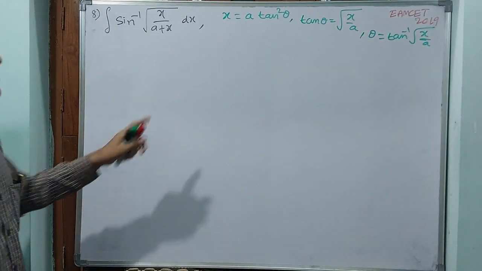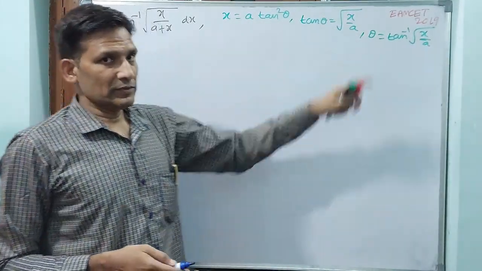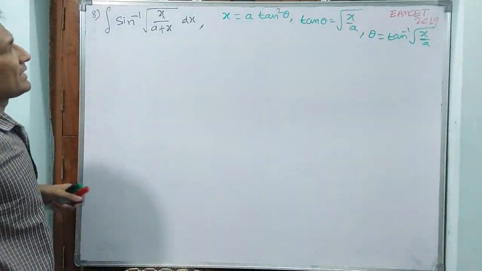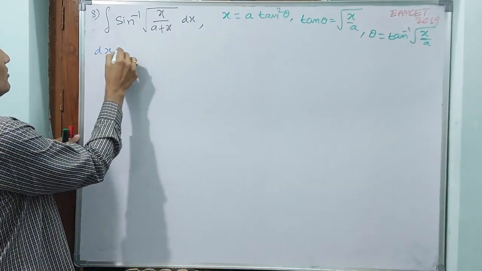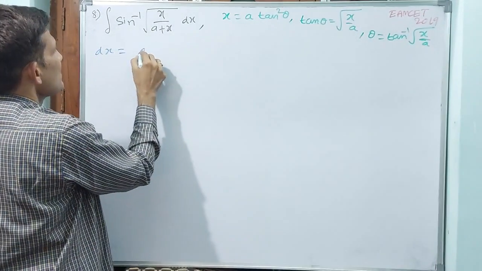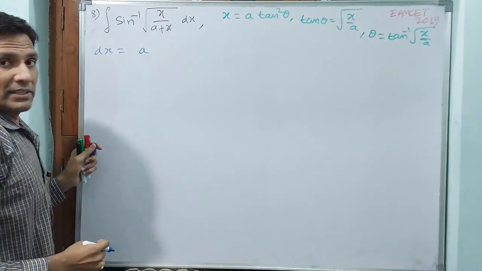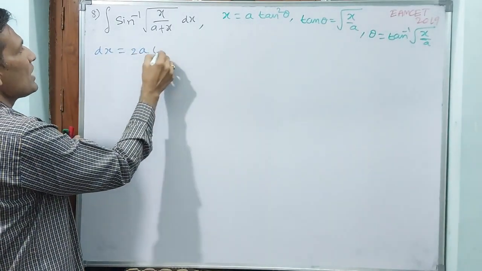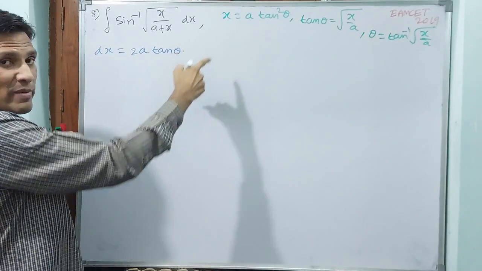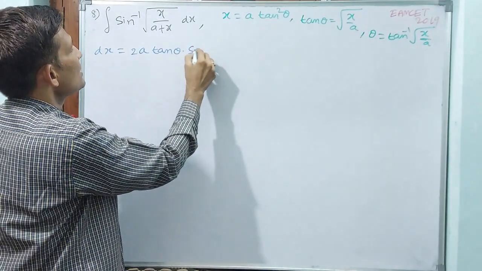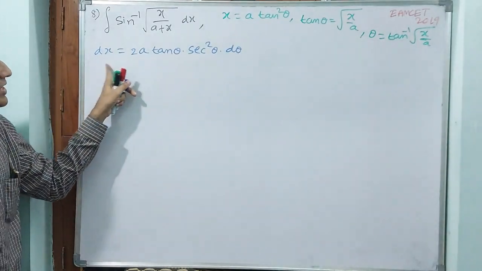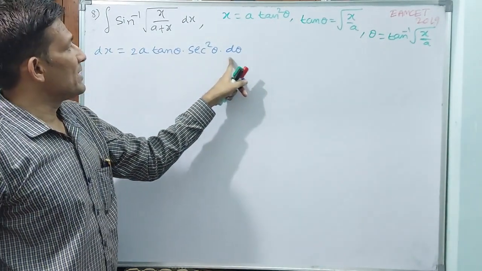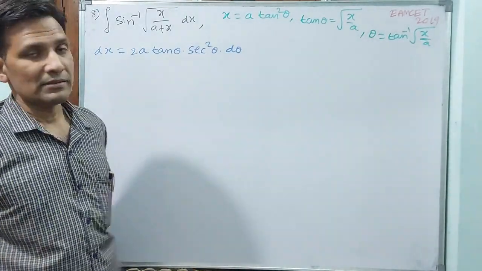See, this is the case of x to theta conversion. But what about dx? You have to do this one. You see, dx is equal to a tan square theta, 2 tan theta, that means 2a tan theta, again d by d theta of tan theta, secant square theta d theta. That means dx should be replaced with this much bigger expression.